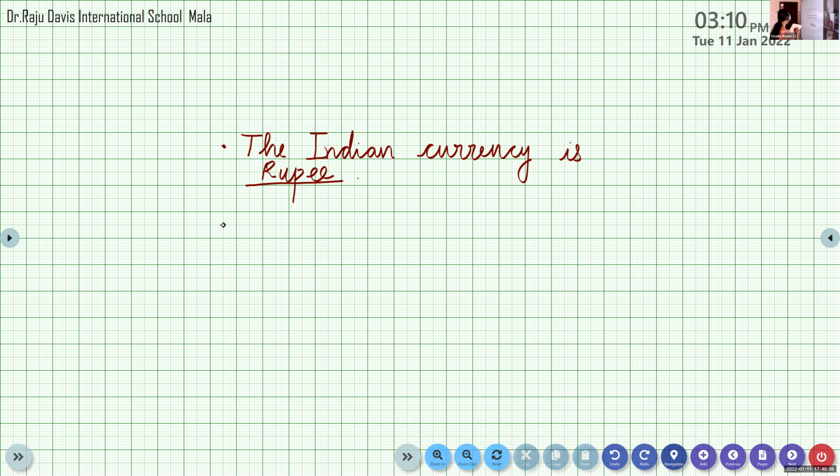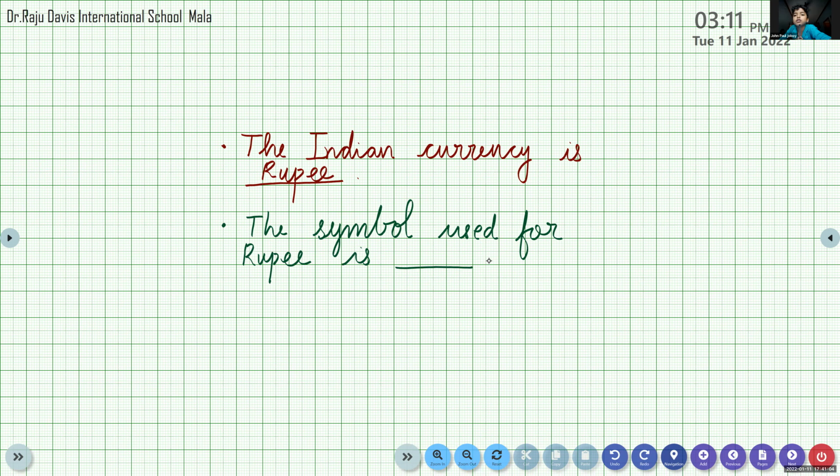Here, the symbol used for rupee is, write the letter Ra in Hindi.